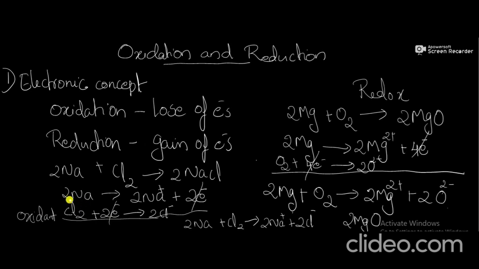Sodium brings about the reduction of chlorine by donating electrons to chlorine. Thereby, sodium is the reductant and itself undergoes oxidation. So, this is another example of a redox reaction.